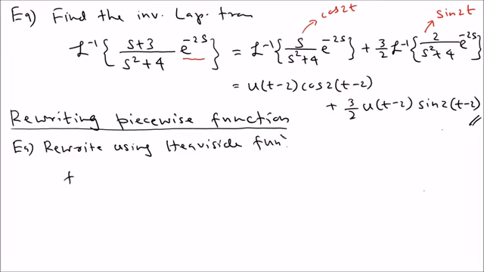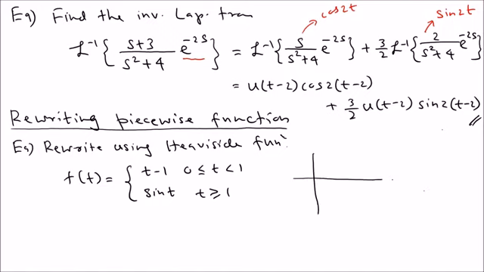So let's say f(t). Let's say you have a piecewise function like this: t minus 1 on the interval 0 to 1, and then sine t after that. If you look at the graph, this is how it looks. From 0 to 1, it is a t minus 1 function.